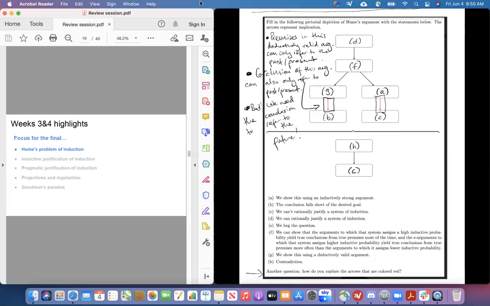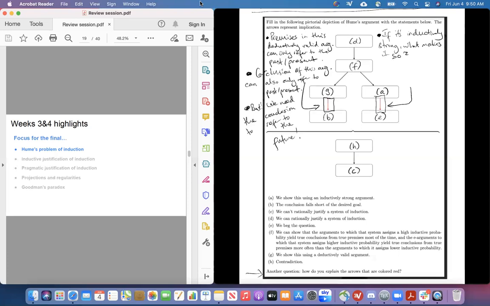On the other side, why, if we use an inductively strong argument, are we begging the question? That goes like this. You would say, okay, here's an inductively strong argument that shows what F says we can show. And you would ask, if this argument is inductively strong, what makes it that way?